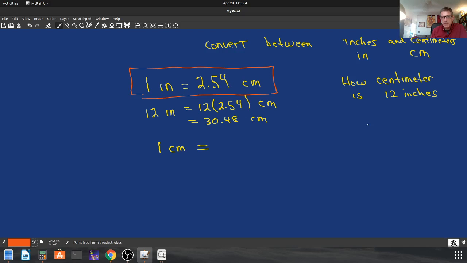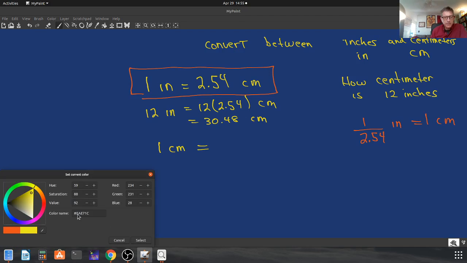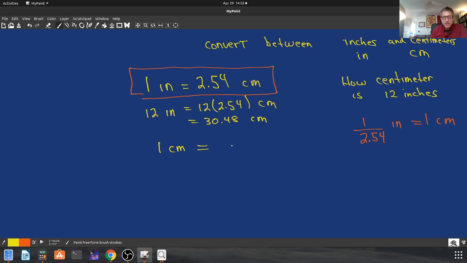So if I divide both sides by 2.54, 1 divided by 2.54 inches is equal to 1 centimeter. So 1 centimeter is equal to 1 divided by 2.54 inches. No need to put a C.